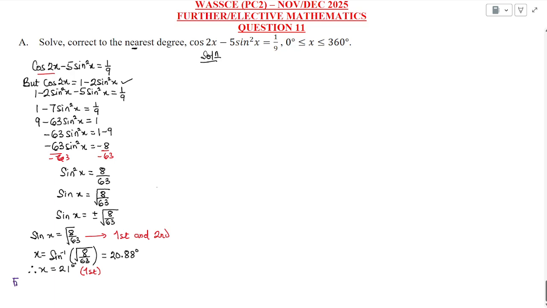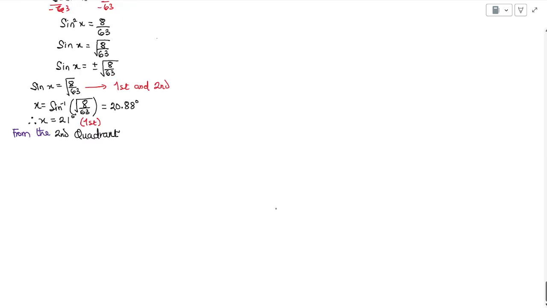From the second quadrant, we have 180 degrees minus the value of x.